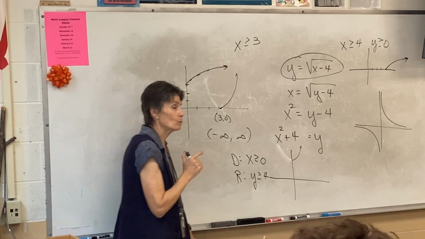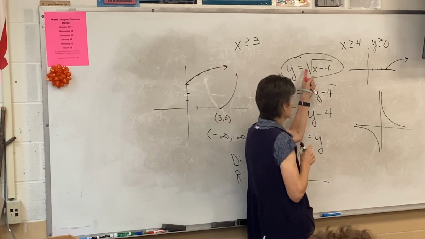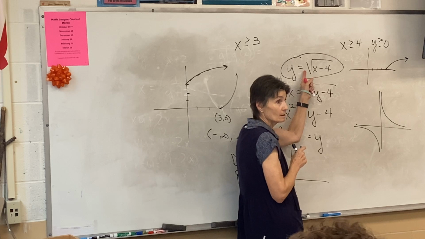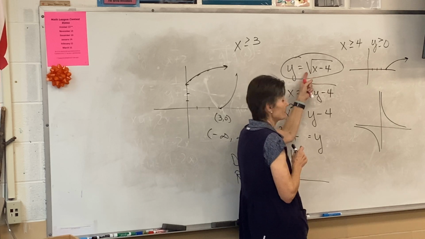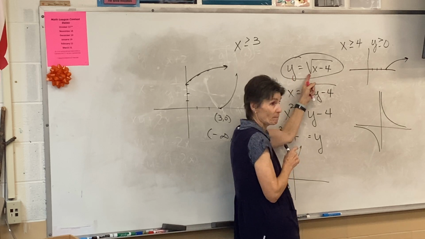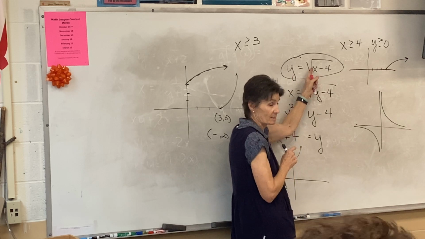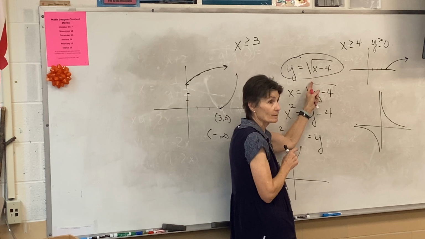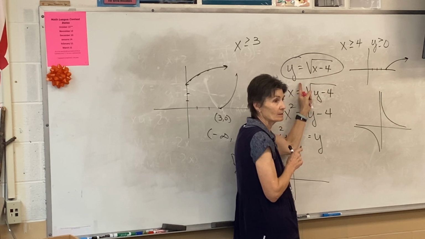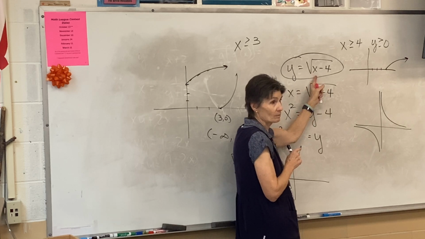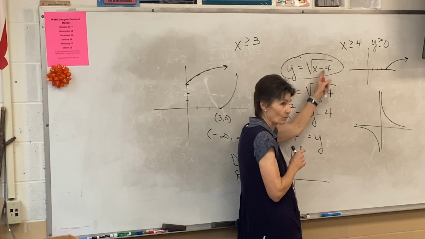So you mean like if there's a negative out here? There isn't. This is a positive. Your y's are going to be positive numbers. This is a positive square root. So every value that comes out of this is going to be positive. X is going to have to be bigger than 4, so nothing's going to be negative under here.